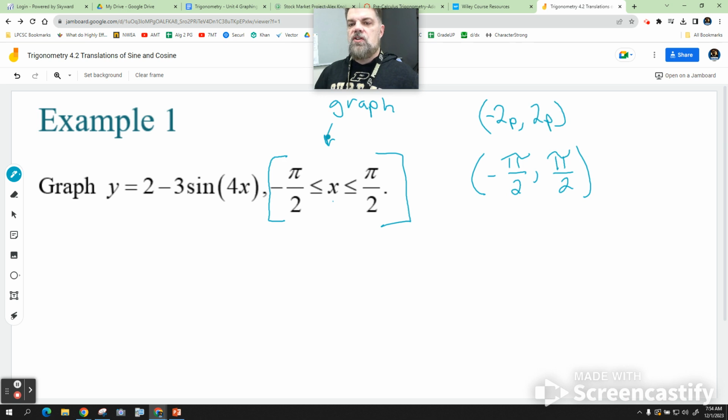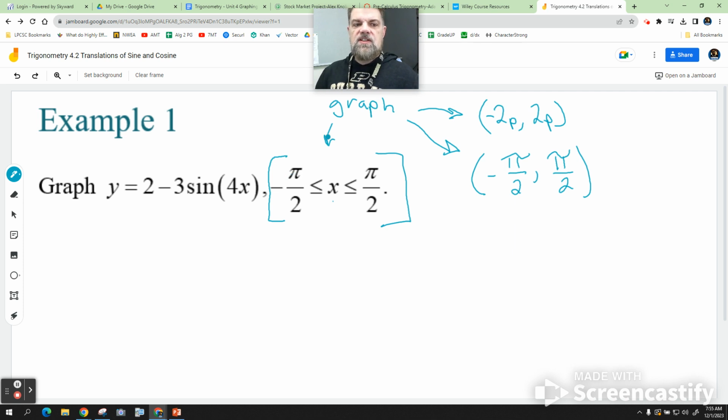That's just telling you how much of it you need to graph. That's all they want to see. Otherwise, you'd go on forever, right? So when we go to graph this, we're only going to go from negative pi over 2 to pi over 2. All right? So we want to graph this.